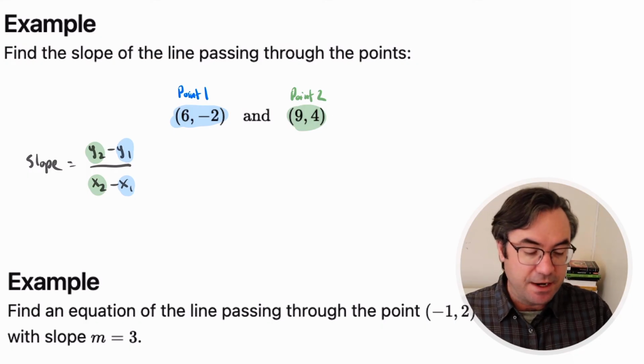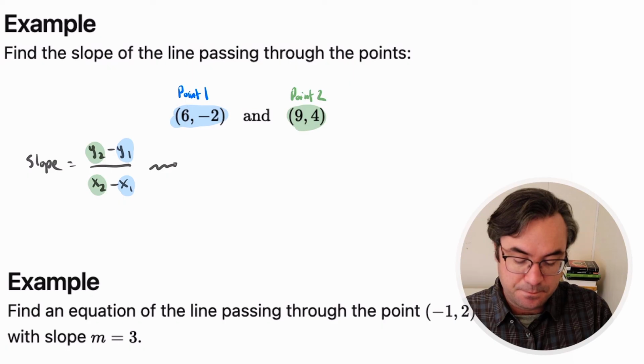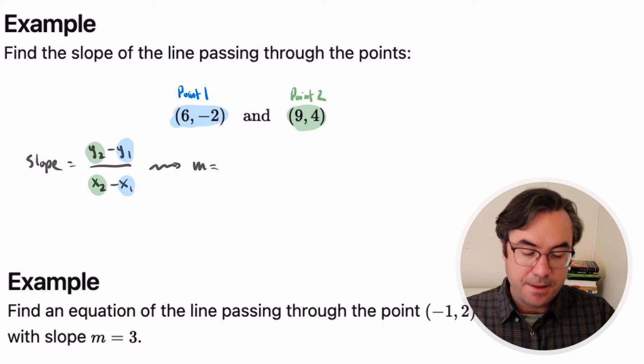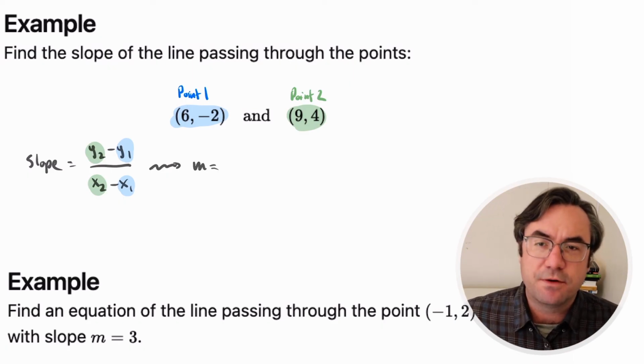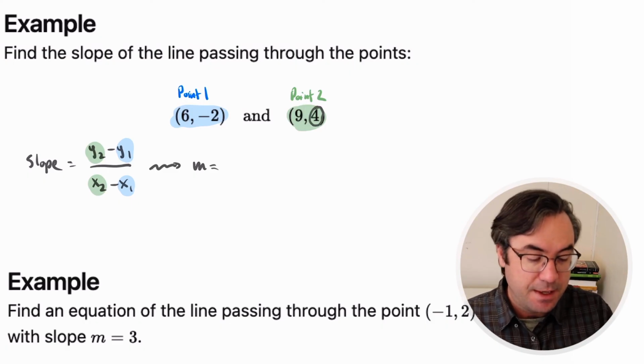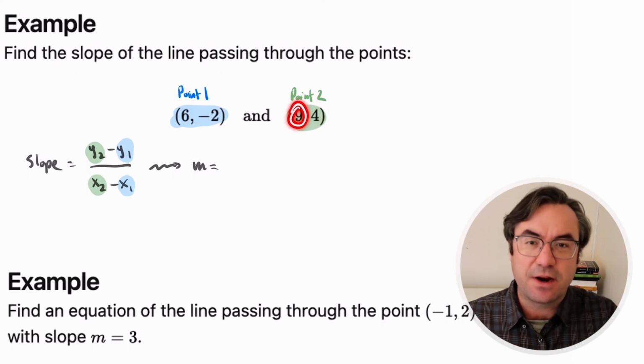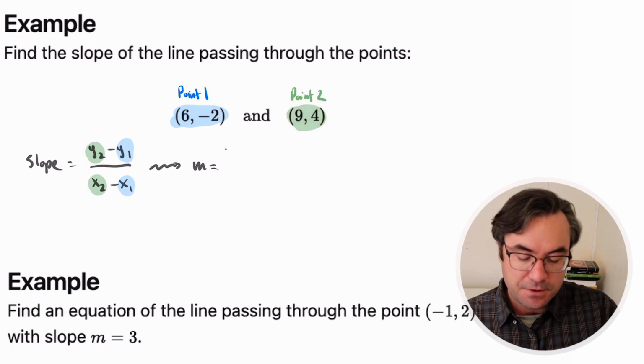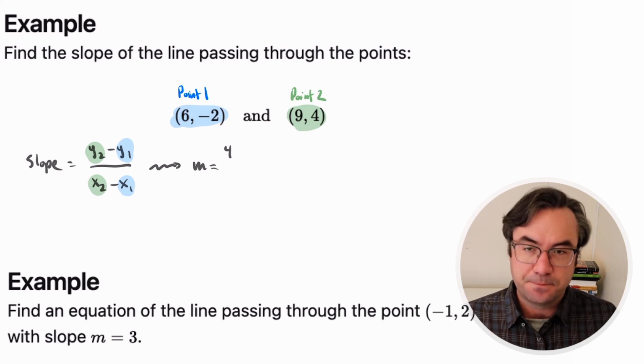All right, so let's calculate our slope. So m, so what's the y-coordinate from point 2? So the y-coordinate from point 2 is that second coordinate. So it's the y-coordinate, and then this is our x-coordinate. So the y-coordinate is 4.